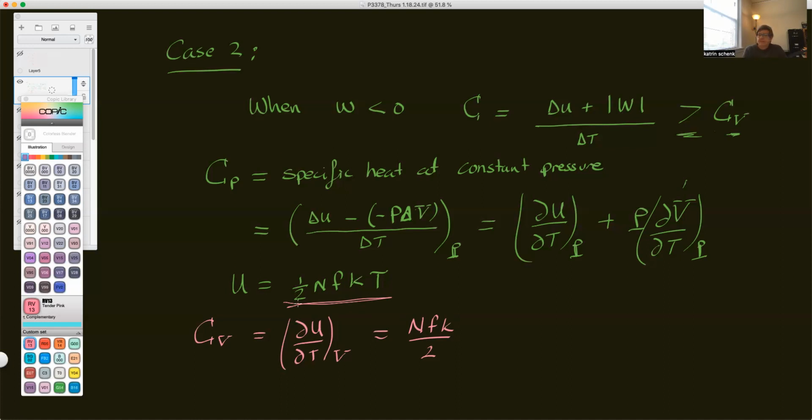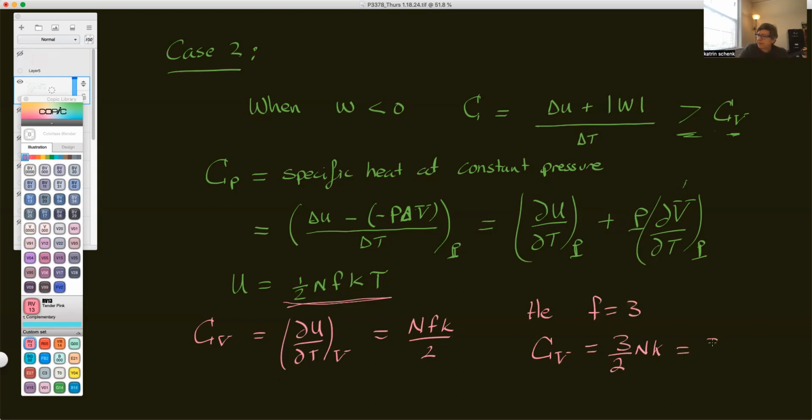For instance, in a helium gas, like we talked about before, that's just monatomic. We expect that to have 3 degrees of freedom, right? So for helium, f equals 3, and we expect that our CV is going to be 3/2 Nk.